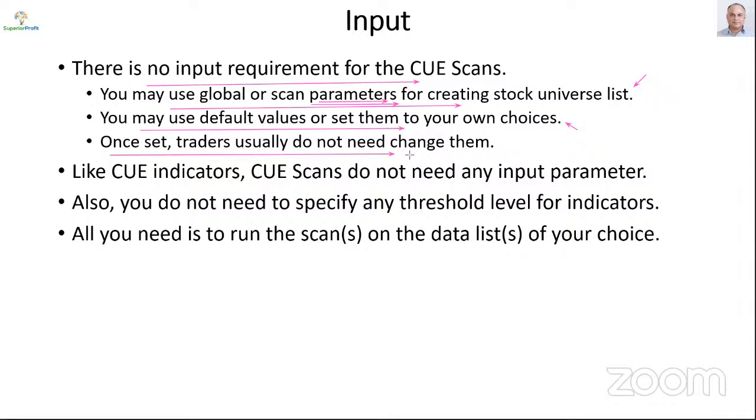Let me rephrase it again. If your account size increases over time, then you may change your liquidity parameters. Initially, you may start with 200,000 shares traded per day at minimum. And once your account size is larger, you may change it to 500,000 shares traded per day at minimum.